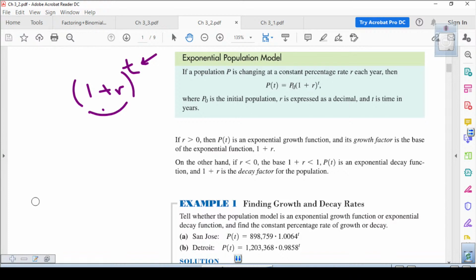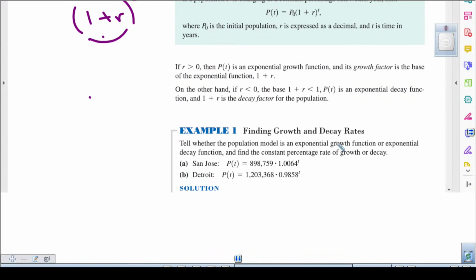So here's an example. This one says, tell whether the population model is an exponential growth or decay for these two cities. So San Jose, P of t, that's a function.